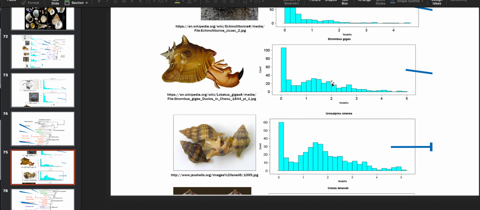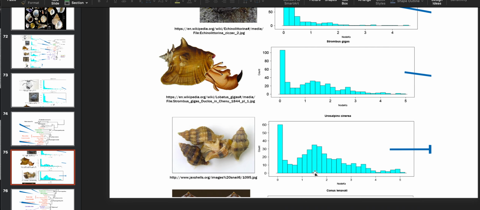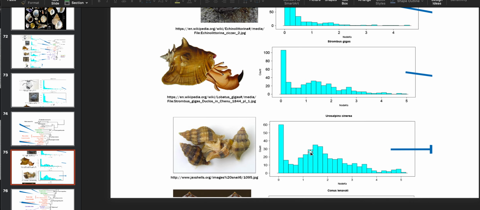And the fact that the peak is in the same place in terms of what the KS value is, is consistent with the idea that this snail underwent a whole genome duplication event around the same time that this snail did, if evolution is happening in a more or less clock-like fashion.